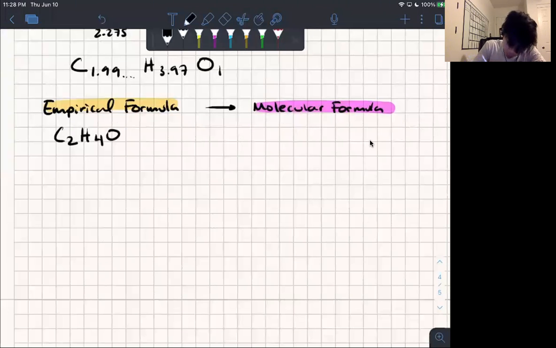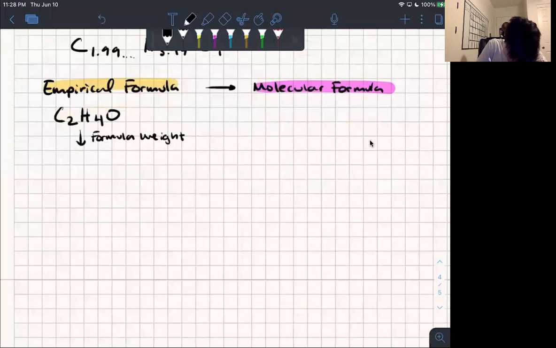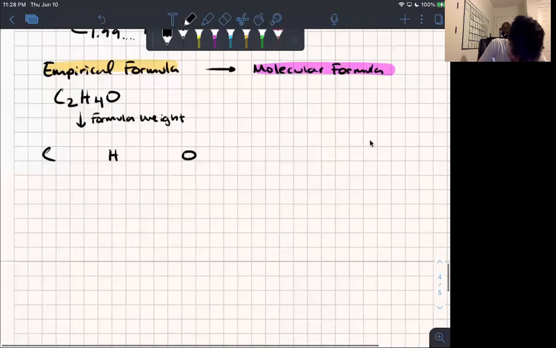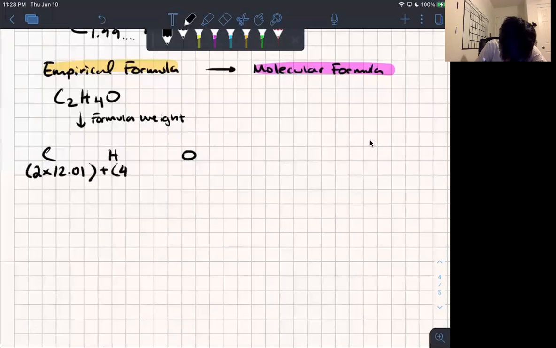The weight of this is called the formula weight. So let's do carbons, hydrogens, then oxygens. Carbons, you have 2 of them, each worth 12.01, plus hydrogens, you have 4 of them, each worth 1.008, plus oxygen, you have 1 of them, worth 16 units.